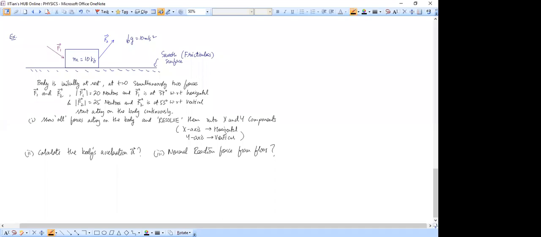So cos 37, remember, is 4 by 5 and sine 37 is 3 by 5. Remember this thing that cos 37 is 0.8 or 4 by 5 and sine 37 is 0.6 or 3 by 5. Yes, Aparna, it's correct.